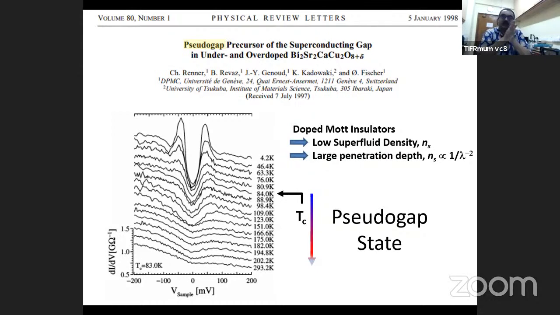One reason is that I am doping a small amount of carrier, and the second reason is that when I dope a system, I also introduce a lot of disorder, and you know that when I introduce disorder, the superfluid density reduces. So the superfluid density is low. That is also supported by penetration depth measurements, which observed a large penetration depth.